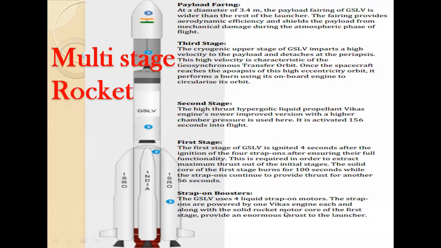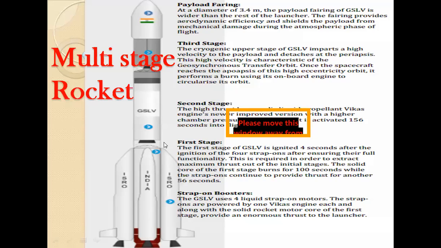It has liquid strap-on motors, so it is reusable again. For any satellite launch, such as the GSLV, the booster is the first step. Then there is ignition, and fire comes out continuously. Here we again have a solid core.